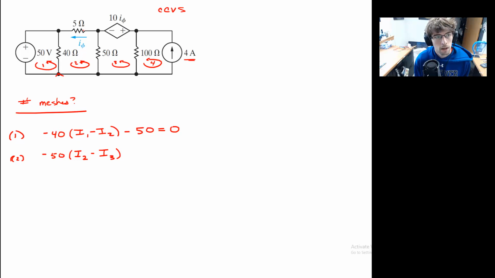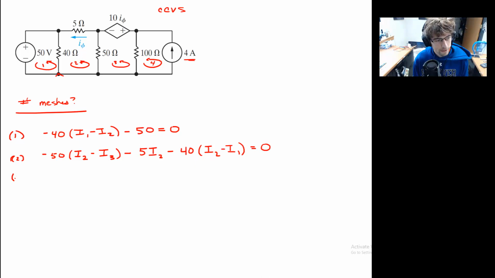We get up here and realize we don't have a shared side, so we have a drop, but now we only involve a single current, I2. Keep going. We have our 40 ohm resistor, and again, I2 minus I1 equals 0.